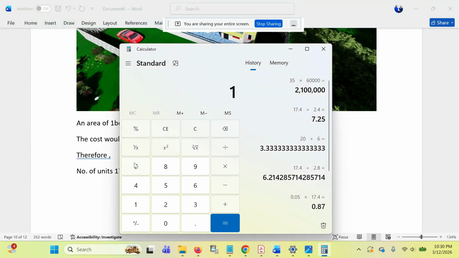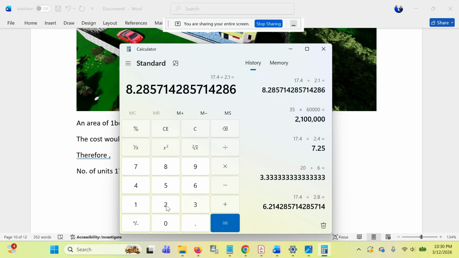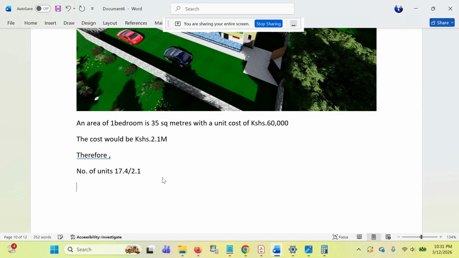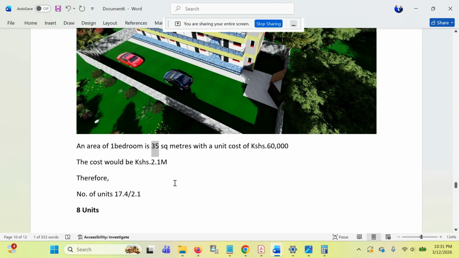Therefore, the number of units will be 17.4 divided by 2.1, and that would give you 8 units.